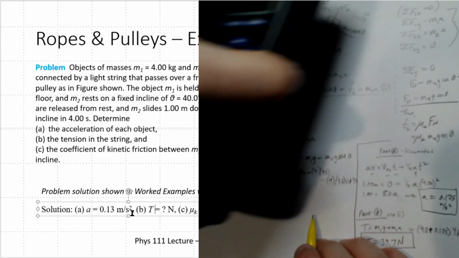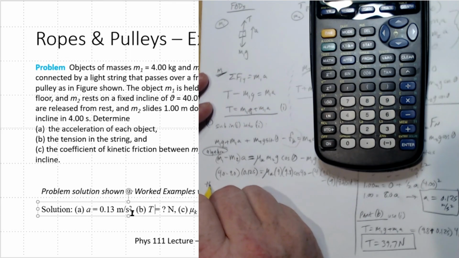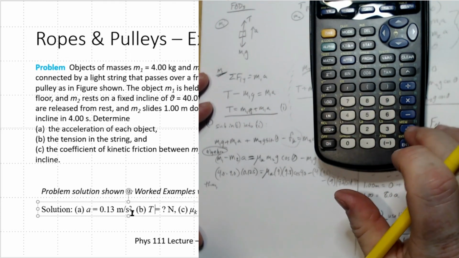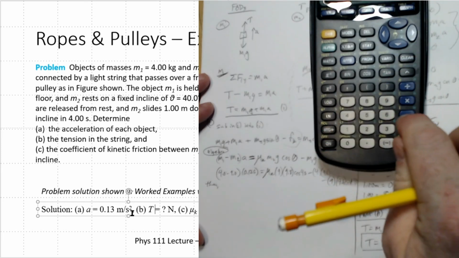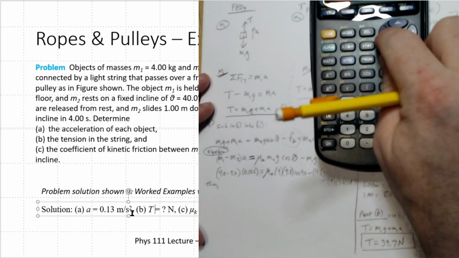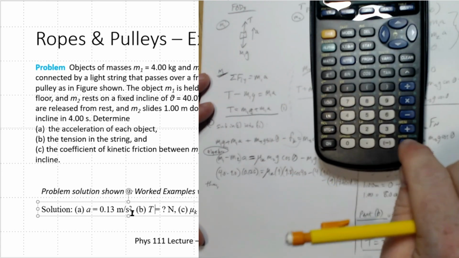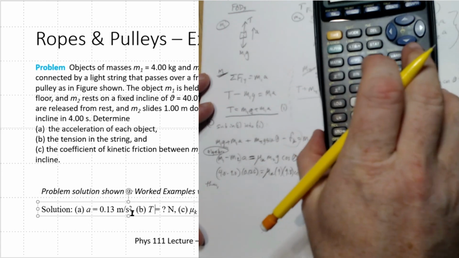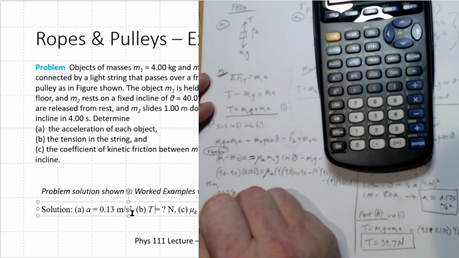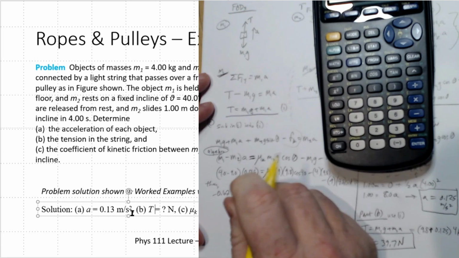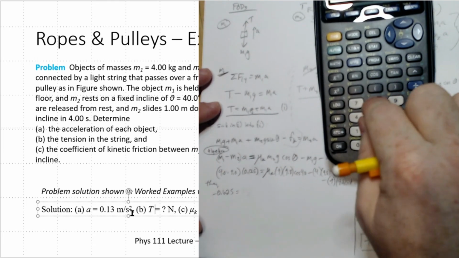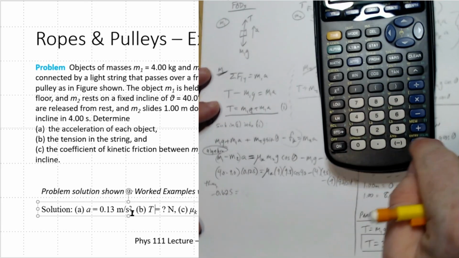So this is going to be 4 minus 9 times 9.8, I'm sorry, 0.125, negative 0.625 equals mu sub k. Let's put a coefficient on that. 9 times 9.8 times cosine of 40.